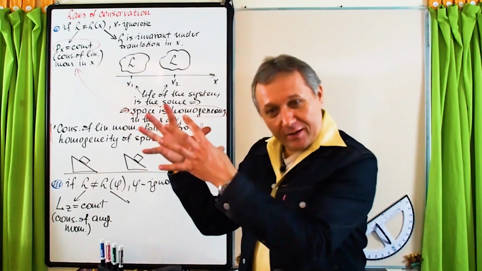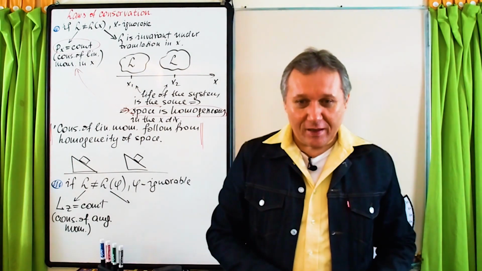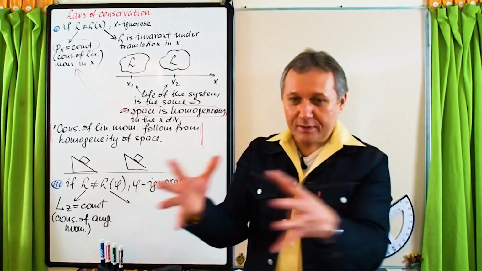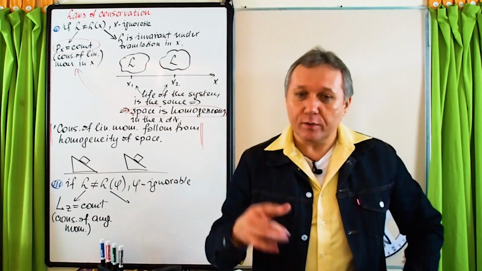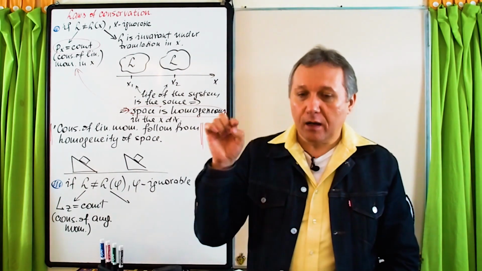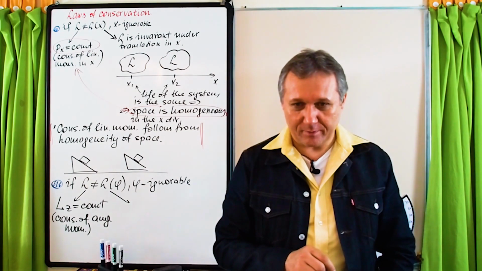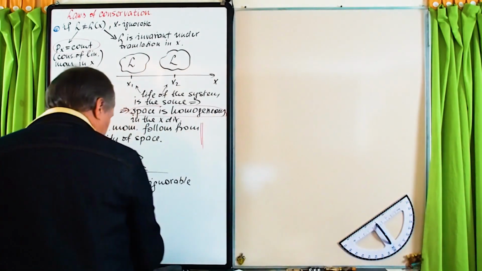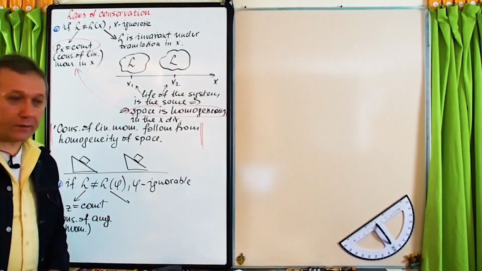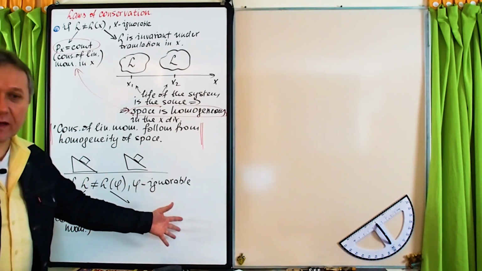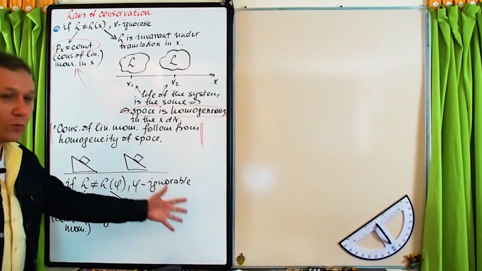So if the system behaves in this way upon this rotation, then space is isotropic. Yes, the space is isotropic. That will be from one side.